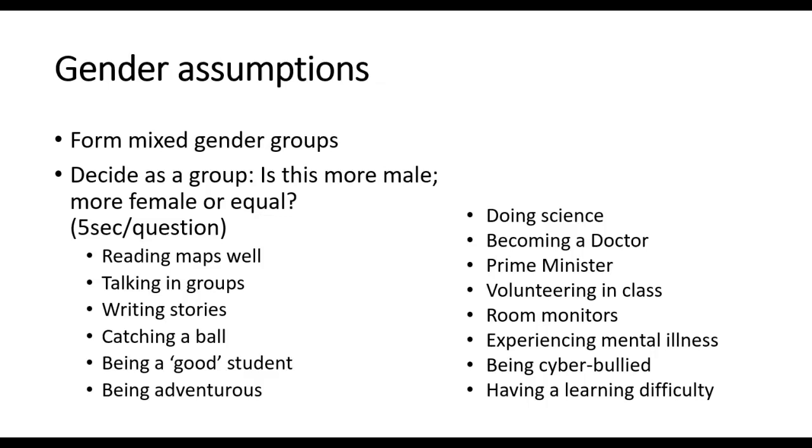But there's some default things that you really need to know as a teacher. For example, being cyberbullied, females are overrepresented here. It happens to males too, but the girls in your class, it would be. Prime Ministers, there's only been one female Prime Minister in Australia's history. So there's some real life things. What about opportunity and equity?